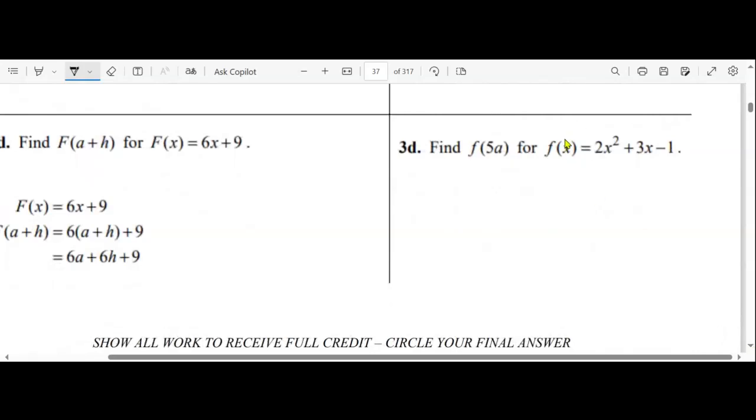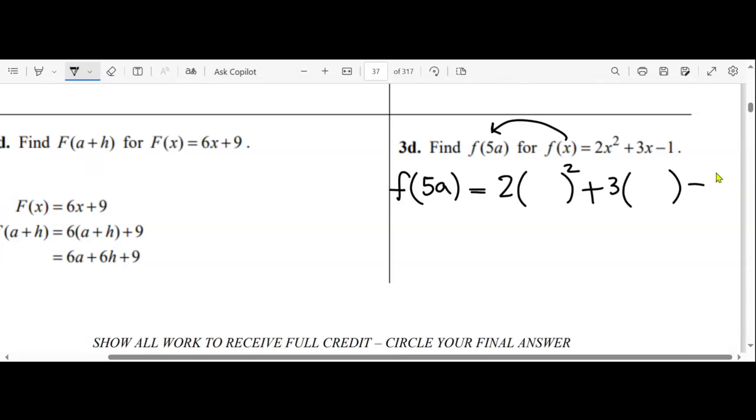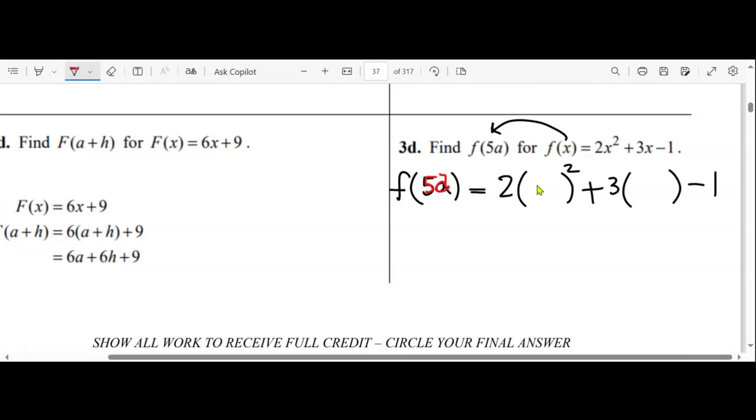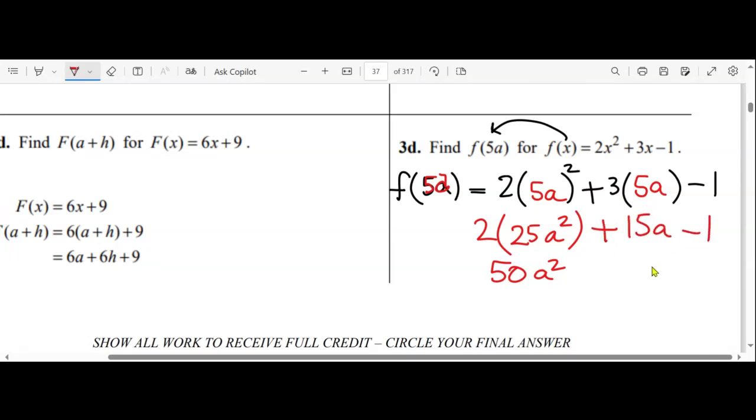I'm going to replace x by 5a. So I'm going to write it here: 2 times (5a) squared plus 3 times (5a) minus 1. 5 squared is 25, so 25a squared, times 2 is 50a squared. 3 times 5a is 15a, minus 1.